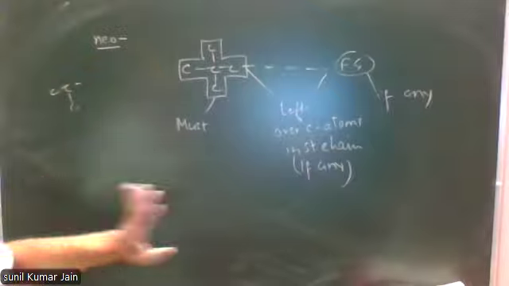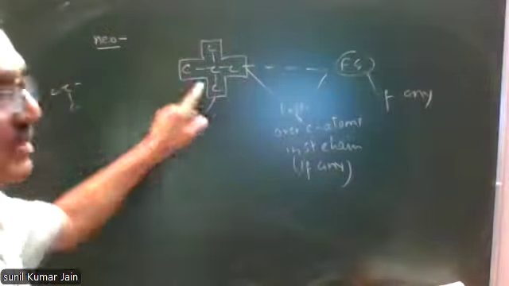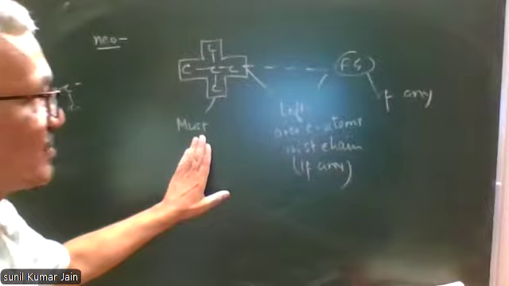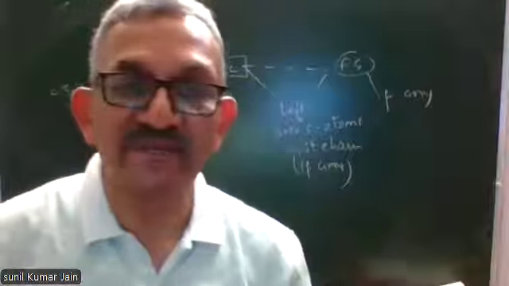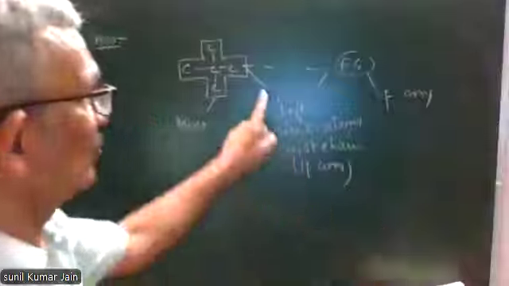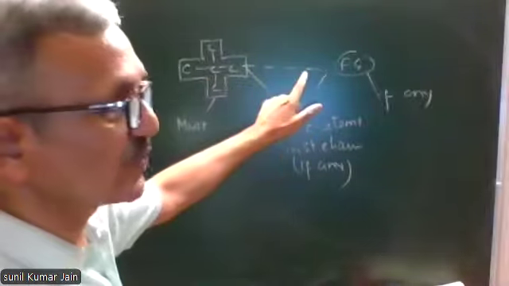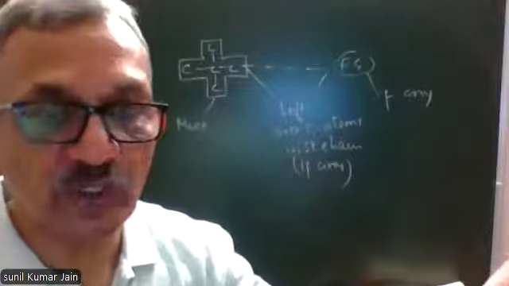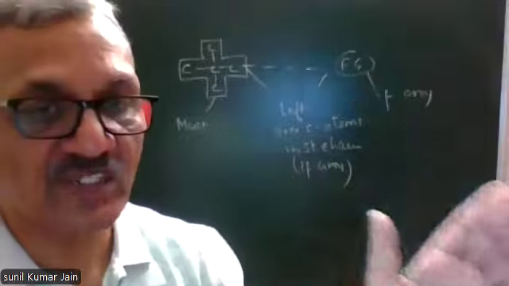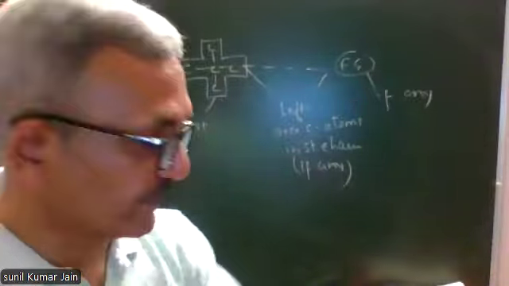Now, in case of neo, this is compulsory, the rest is the same. So this arrangement of 5 carbon atoms, which looks like a star, is compulsory, it's a must. If there are more than 5 carbon atoms, let us say there are a total of 7 carbon atoms, the remaining 2 will be attached to any one of them, of course. Let us say to this one. And if there is a functional group, that should be attached to the last carbon of the extended chain. If there's no functional group, then it's okay.